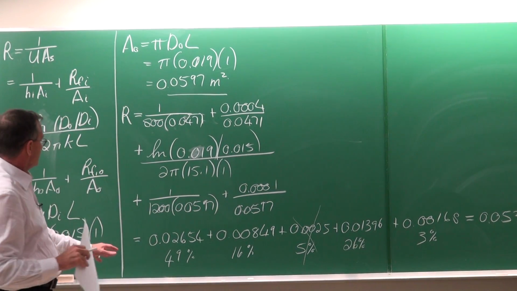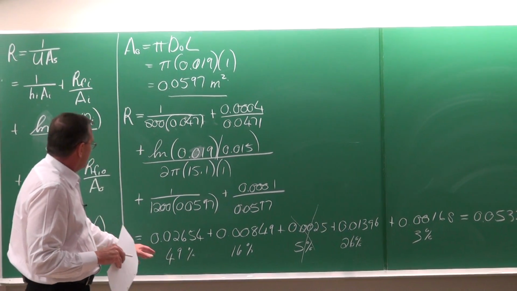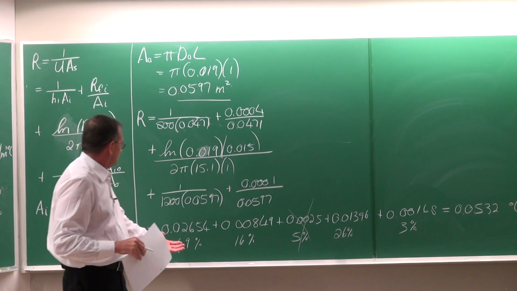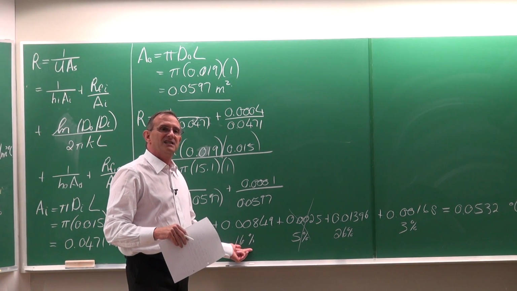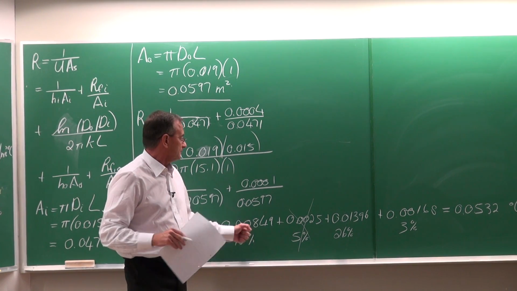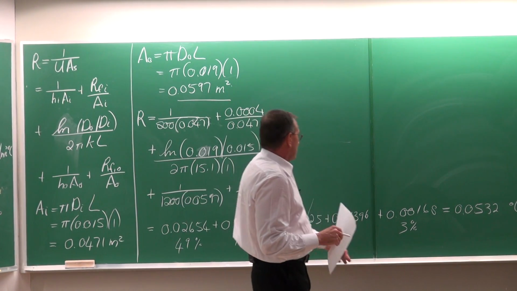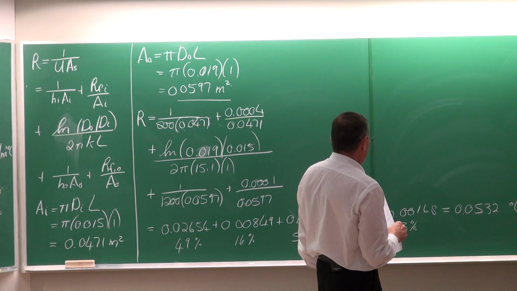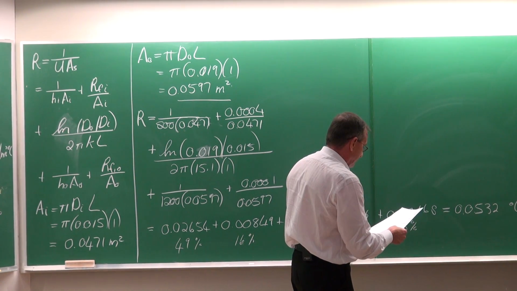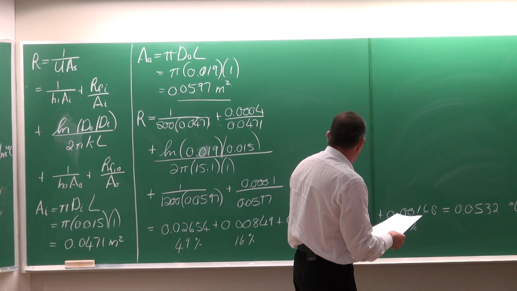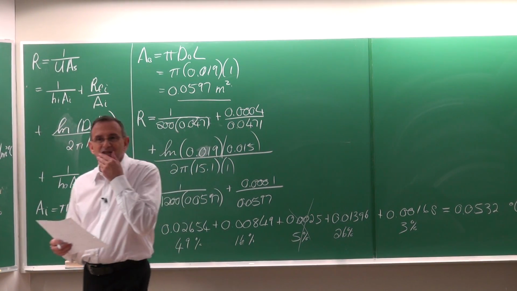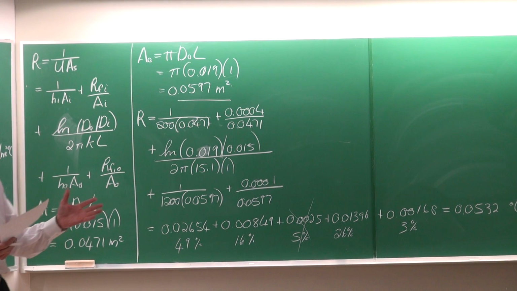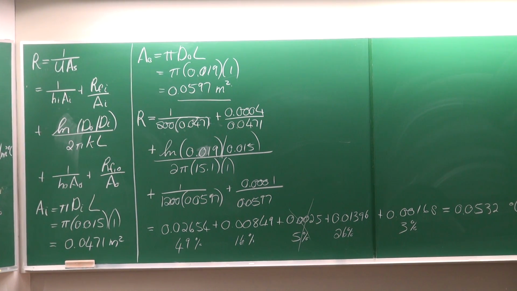But what we have in this case is that the contribution of the overall heat transfer coefficient on the inside is 49%. The fouling already contributed 16%, so that is quite significant. The fouling on the outside was just 3%, while the heat transfer coefficient on the outside is 26%. So this is quite a well-balanced problem.